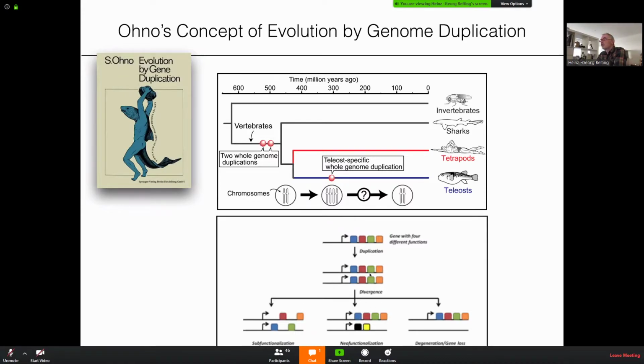But you could also keep one cluster and have the new copies acquire new functions. Or you could just have degeneration and gene loss. So this is a way that we think about how evolution may have occurred at the genome level in different branches of the vertebrate phyla.